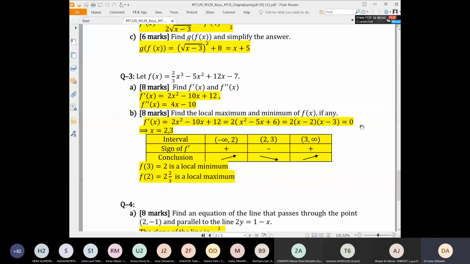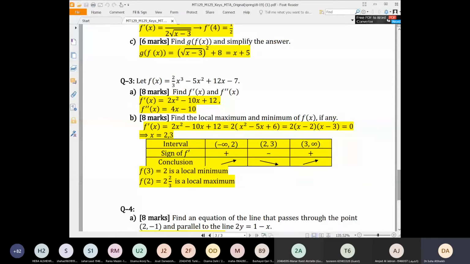We will get x equal to 2 مرة و x equal to 3 مرة. Then we study the sign of f dash لأن they said local maximum minimum. f dash increasing, decreasing, increasing معناها it's local minimum عند ال 3, it's local maximum عند ال 2 وال f of 2 which is 2 and 2/3. So this is one example of what I'm talking about. بس إنه it's a nice one لأن هنا طلب شيء واحد بس طلب ال local maximum and the minimum.